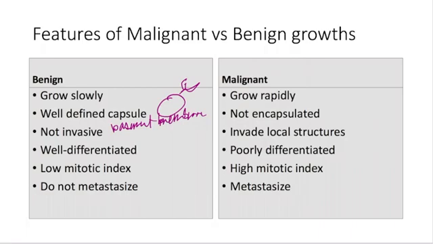So if it's well differentiated, it means that the cells closely resemble their normal counterparts. By contrast, if it's poorly differentiated, it means that the malignant neoplasm exhibits a wide range of parenchymal cell differentiation. There is high potential that it has invasion into adjacent tissues, metastasis. Well differentiated, it maintains functional capability.